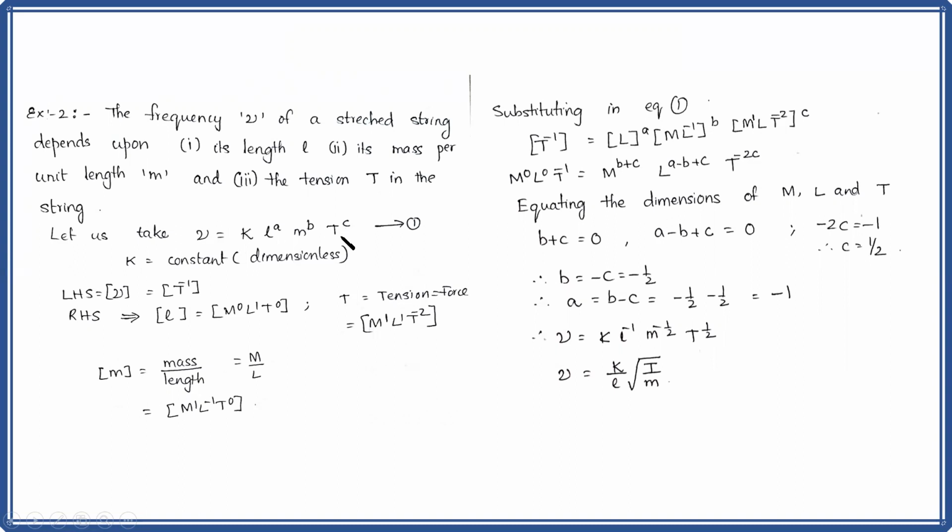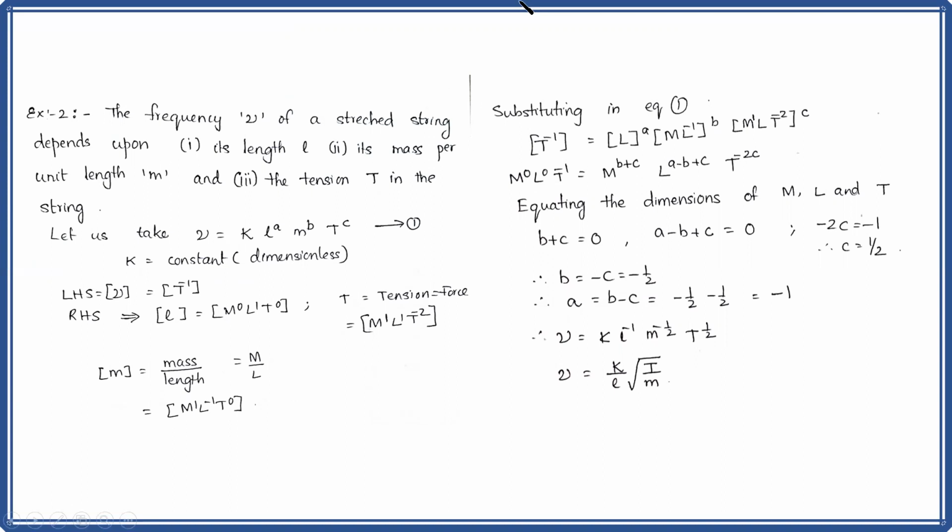Don't misunderstand, it's not time, it is tension in the string. Tension is nothing but force. You all know, if the string is tight, then only we can get good sound from a guitar. So T stands for tension, it's not time. Please don't get confused here.